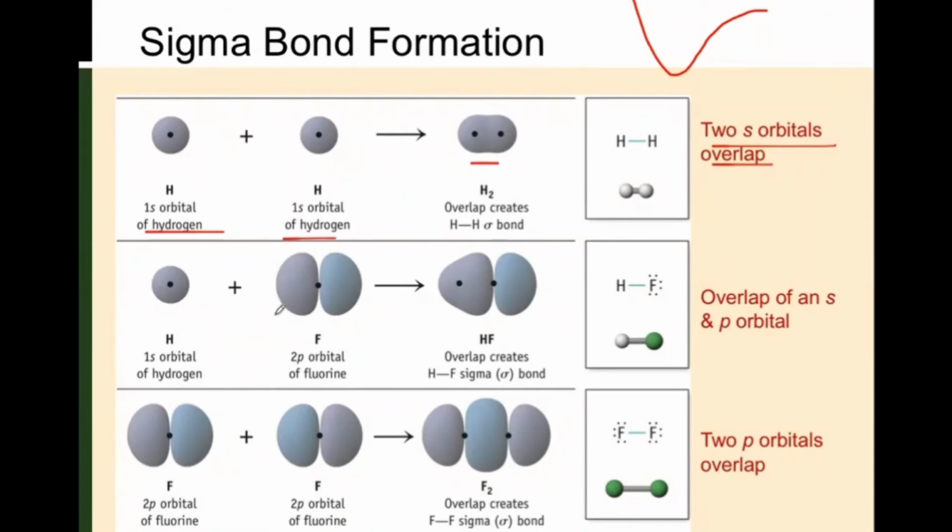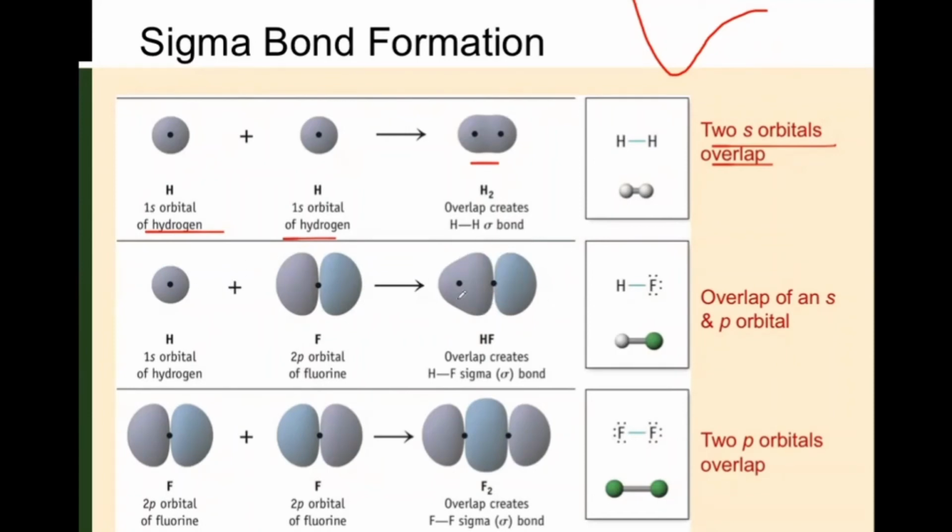You might also notice the colors here. This is a purplish color, and this is also a purplish color. So the hydrogen 1s orbital and this part of the 2p orbital have the same color. It means that they're in the same phase, and that means that they're capable of overlapping in a bonding manner. So they have the same symmetry. They're both pointing along the same axis, towards each other.